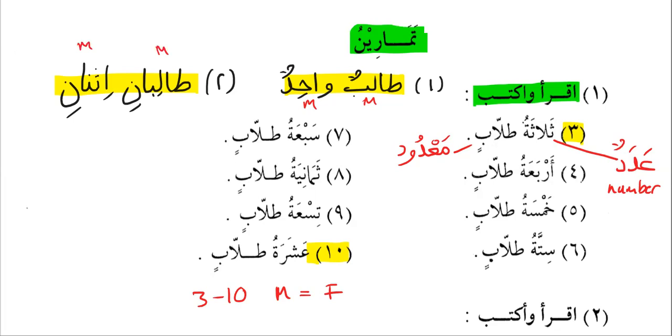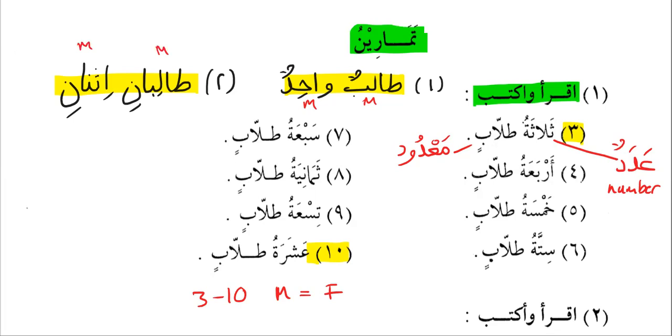And then it's obviously vice versa. When the thing we are enumerating or counting is feminine, then the numbers will be masculine.